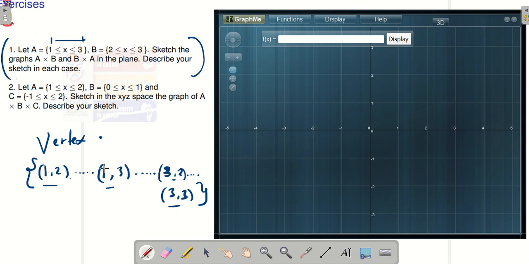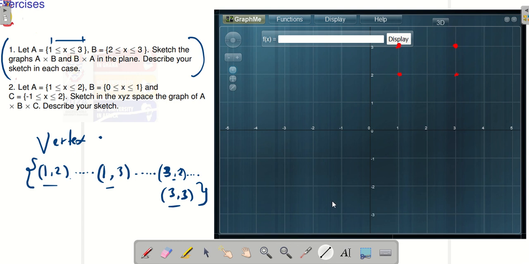Now from here, let's plot this on the graph. So we have 1, 2. The next one will be 1, 3. The next one is 3, 2. And the last one is 3, 3.